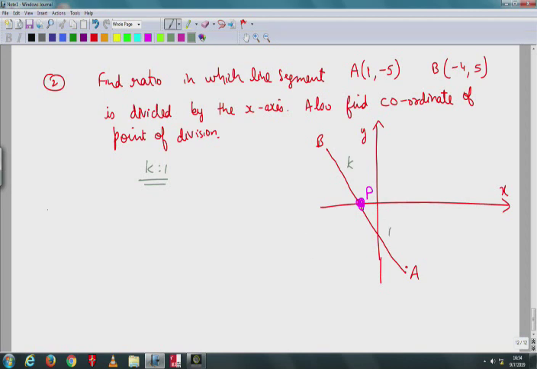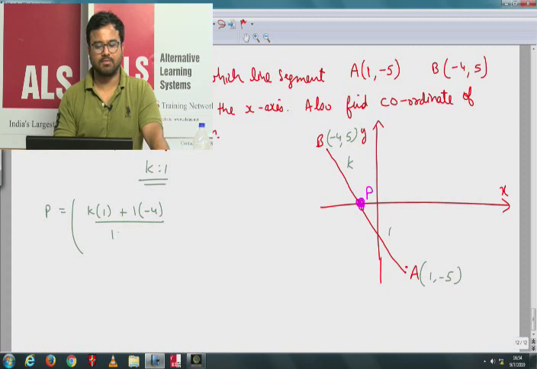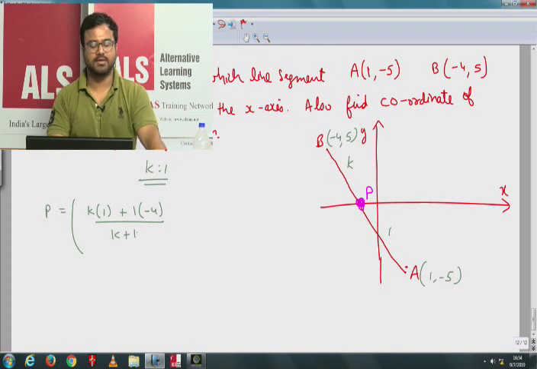Now, in order to get the coordinates of point P, the x coordinate: 1 comma minus 5, and this one is minus 4 comma 5. So k, which is on the left side of P, multiply by the right side x value. So k multiply by 1 plus 1 multiply by minus 4 over the sum of ratio, which is k plus 1.